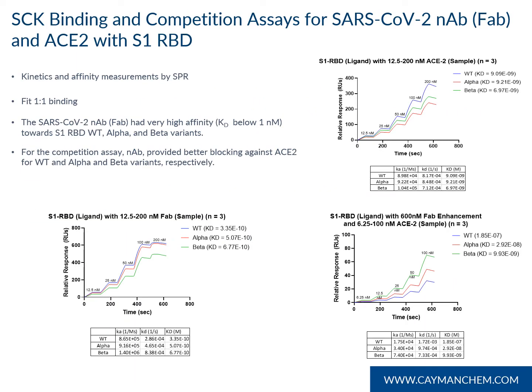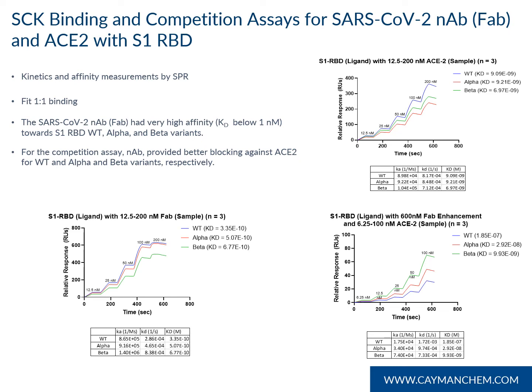Based on SPR results of single-cycle kinetic runs, ACE2 had a similar affinity towards S1 RBD wild type, alpha and beta variants, with a KD of around 9 nanomolar and a slight difference in association and dissociation rates for beta variant.